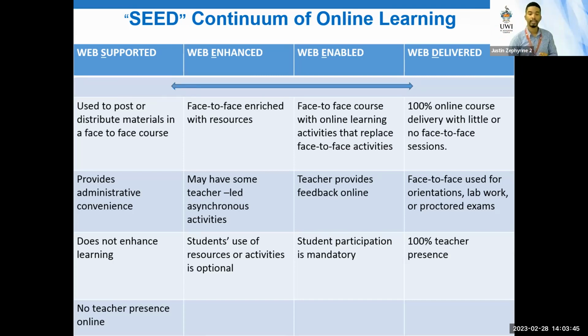For example, web enhanced is technology-enhanced instruction, or you have some activities that may be asynchronous. It may not be the actual live teaching, but you might put up a little discussion for them to participate in. Or you have web enabled, where you mark assignments and provide feedback.